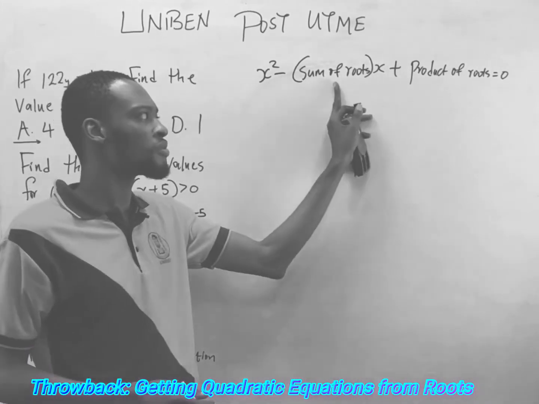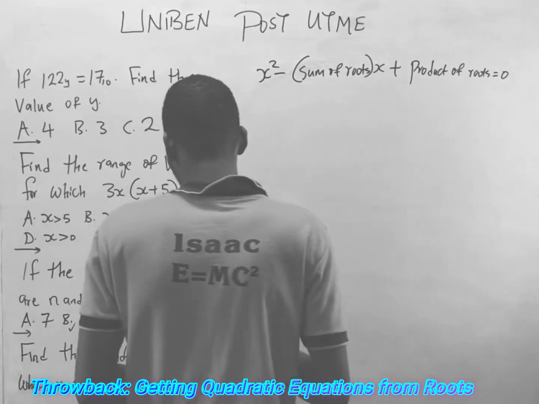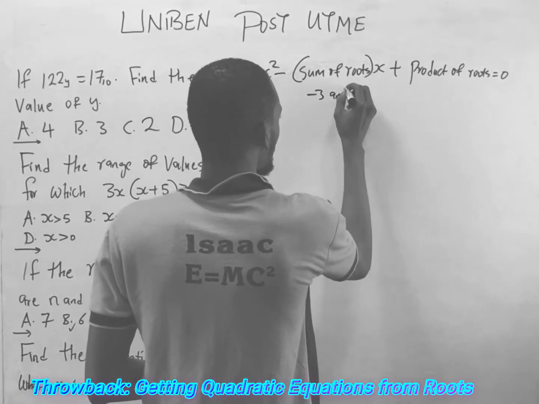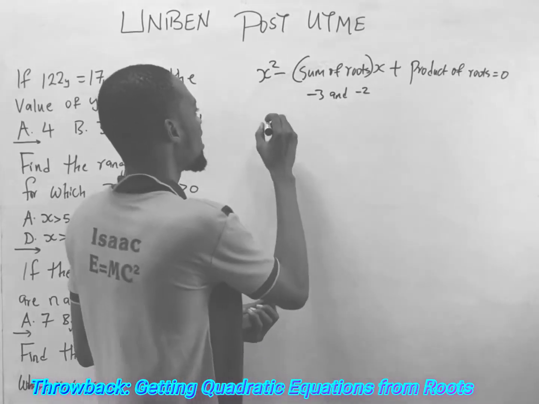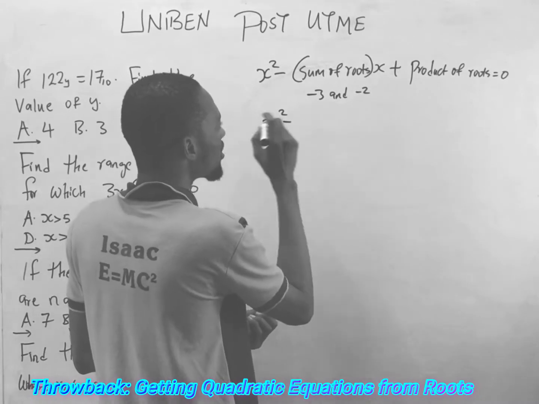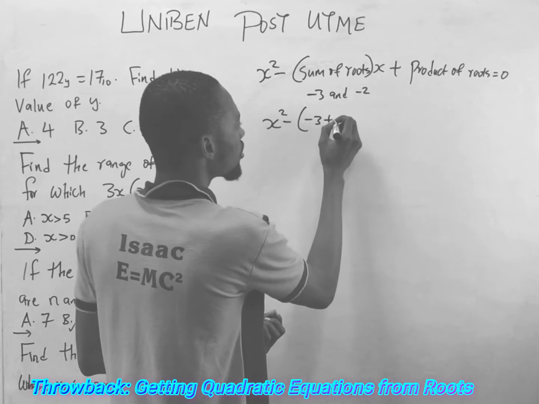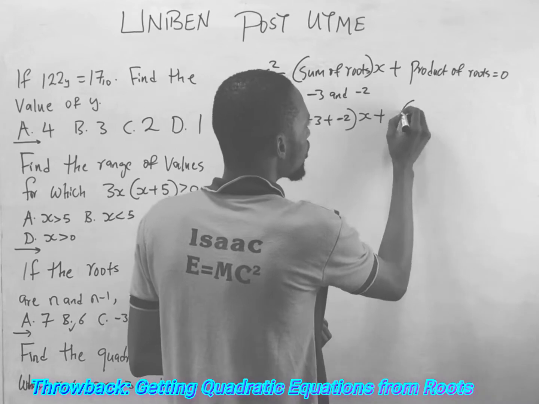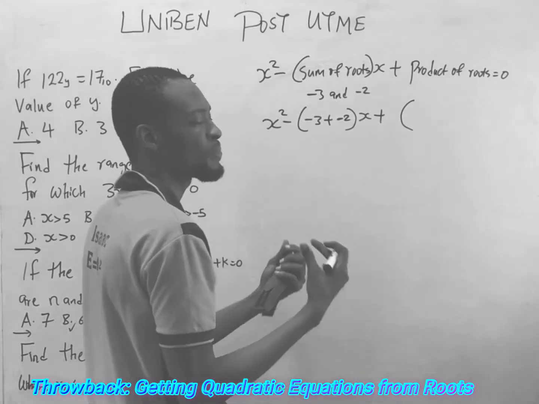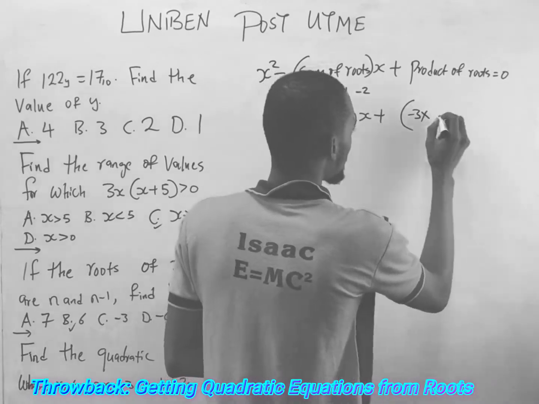Now the roots are minus 3 and minus 2. Substituting, the sum of roots means adding the roots, so we have minus 3 plus minus 2 times s, plus the product of roots, which simply means multiplying the roots, that's minus 3 times minus 2, equals 0.